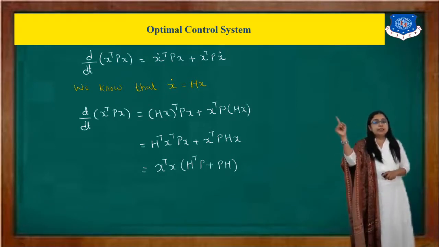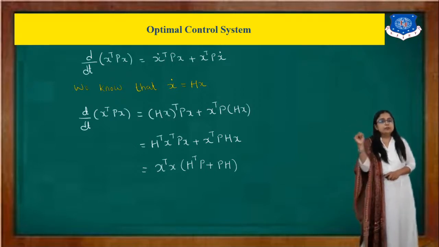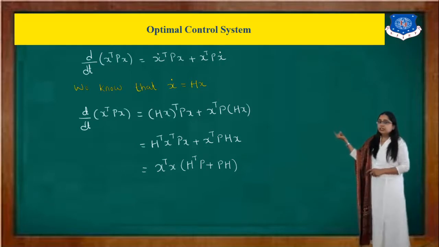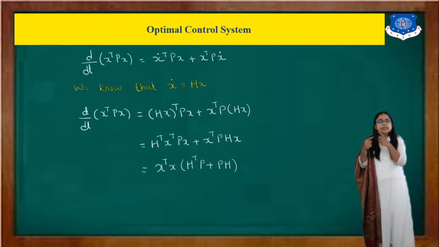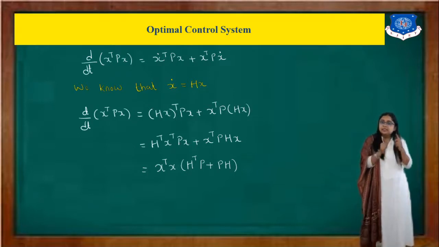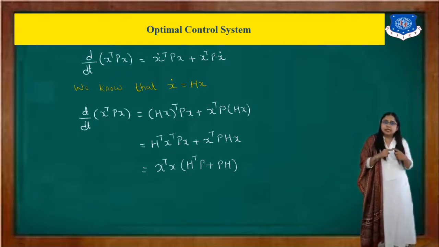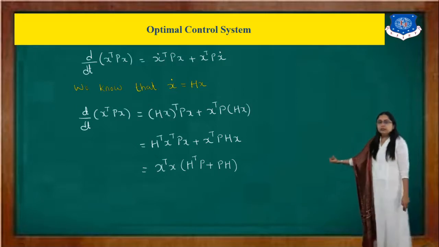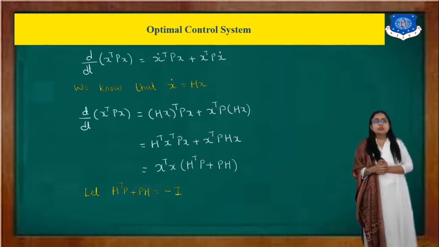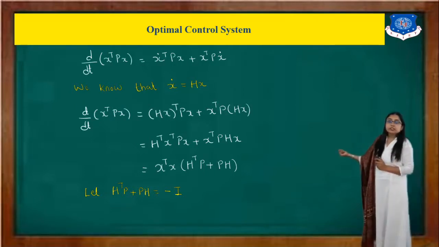Now just remember that condition we have discussed. To find the minimum value of J, the mathematical condition was that d by dt of x transpose P x equals minus x transpose x. So the value of H transpose P plus PH equals minus I. I is your unit matrix.